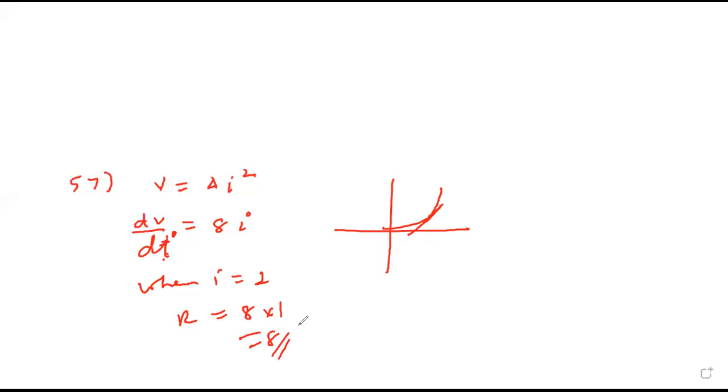After this, directly now 74. Yes, just check properly. Directly 74. 74 is assertion and reason. Current is passed through a metallic wire so that it becomes red hot.